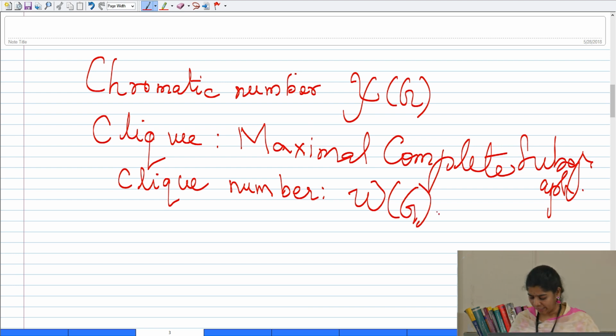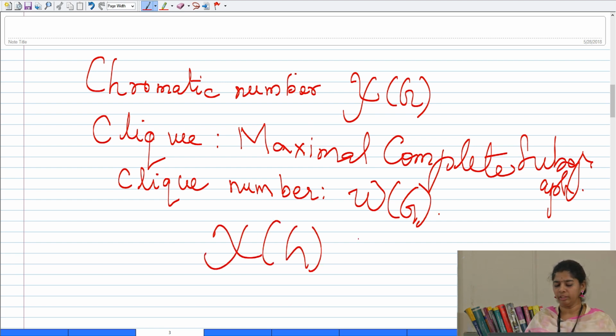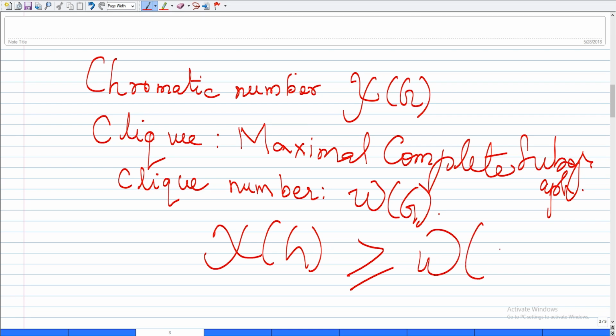So the idea here is, any graph requires at least omega of G colors. I think this should be clear: chi of G is going to be at least omega of G, given any graph, because there is a subgraph which is complete, so we need to color all those vertices with different colors.